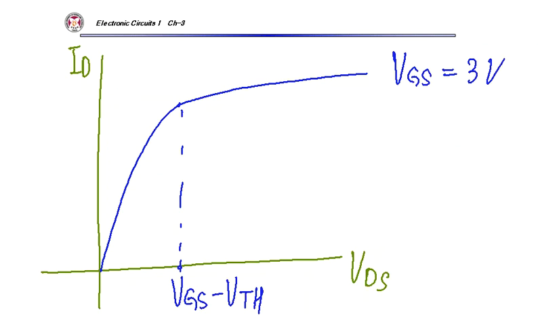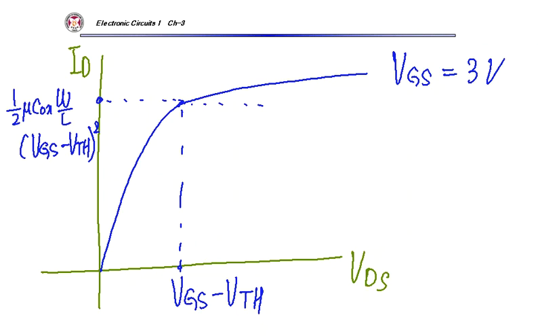From around here, this current will be half mu Cox W over L times VGS minus VTH squared. Actually, sorry.